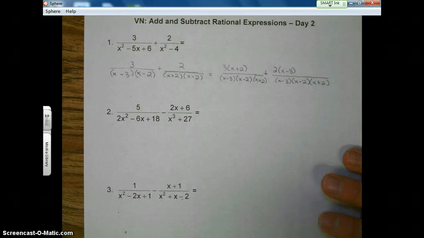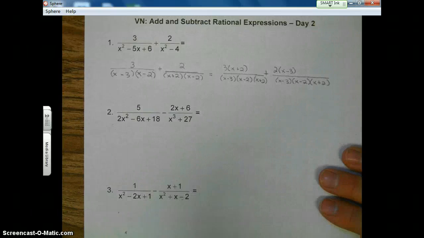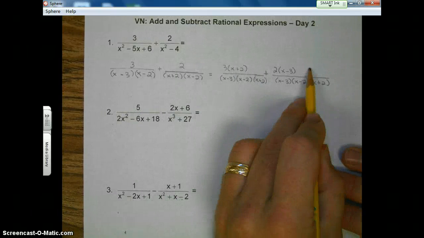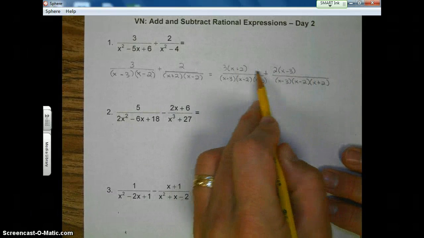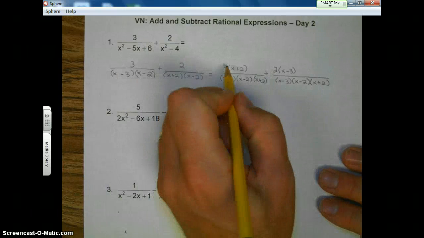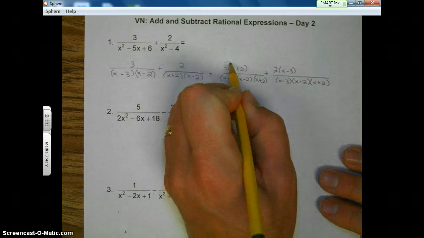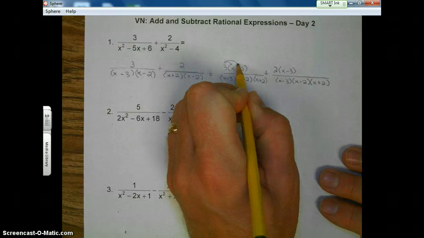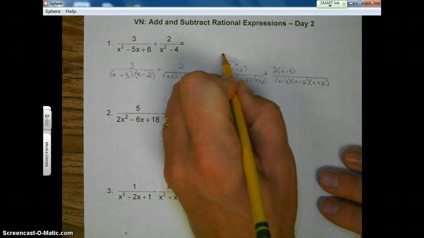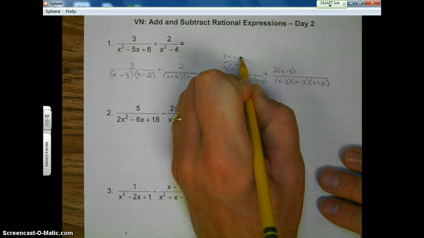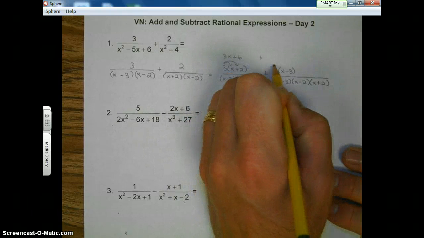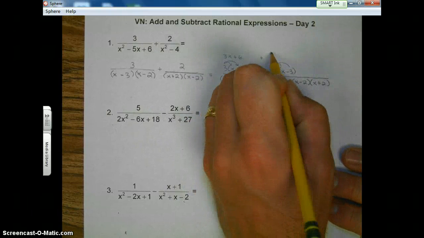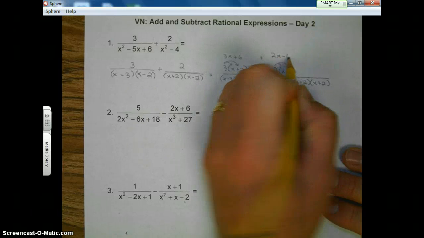Now that we've done that, we're going to go ahead and simplify the numerator. So here we're going to have distribution property going on. So we have 3x plus 6 plus 2x minus 6.